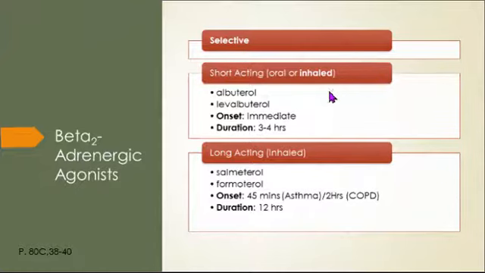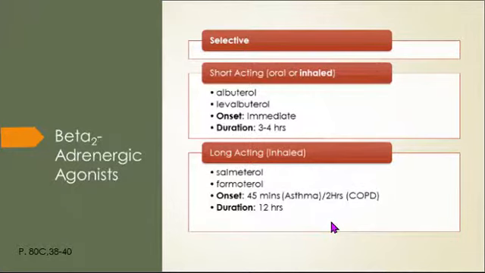Long-acting lasts 12 hours. Salmeterol and formoterol. Some people get confused thinking those have steroids in them. They do not. Short-acting kicks in immediately, lasts 3 to 4 hours. The long-acting kicks in about 45 minutes or 2 hours for a COPD patient and lasts about 12 hours.